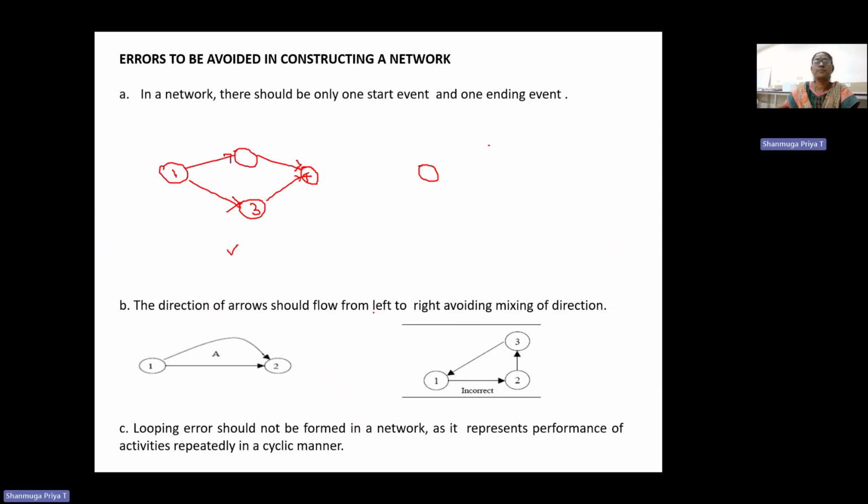Here I will explain the wrong one. This is one node.